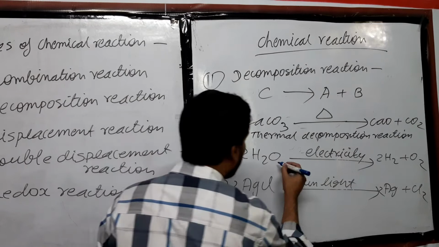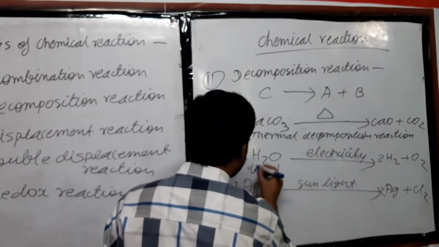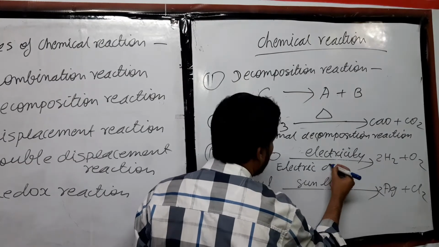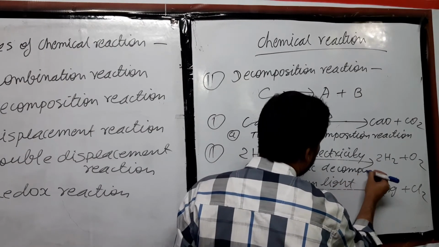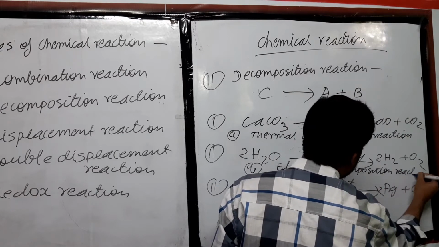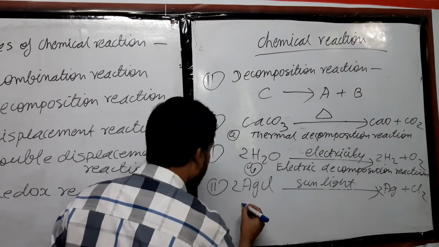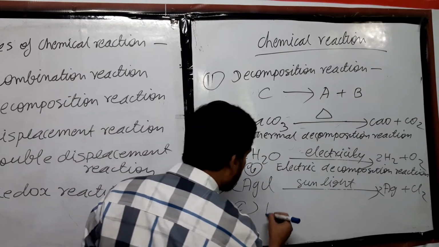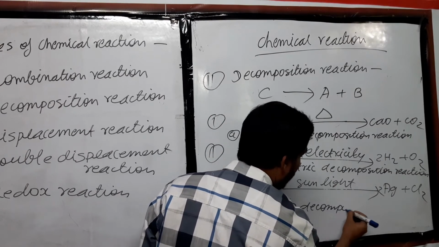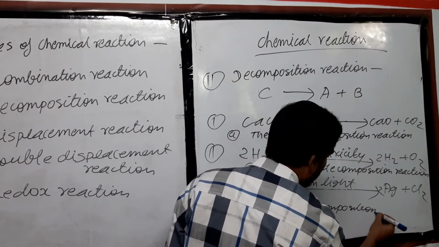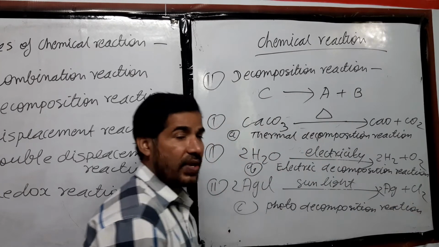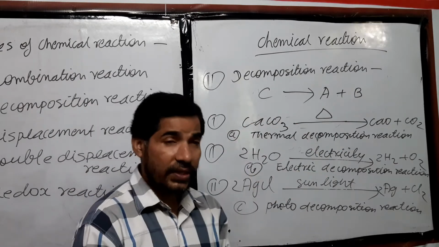This is the example of electric decomposition reaction. And C, it is the example of photo decomposition reaction. In this way, we are seeing here decomposition reaction is of three types.